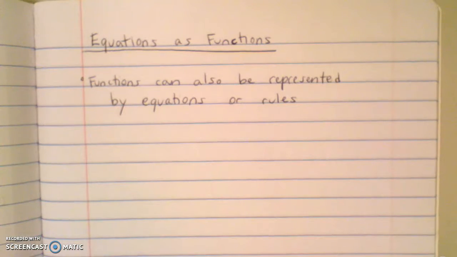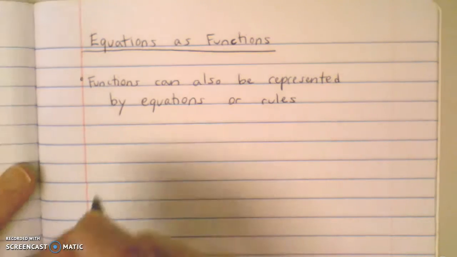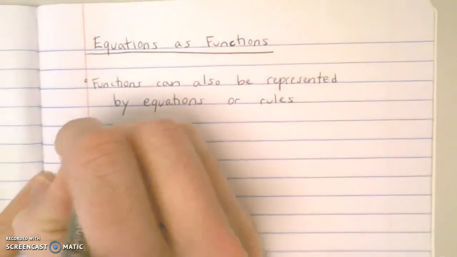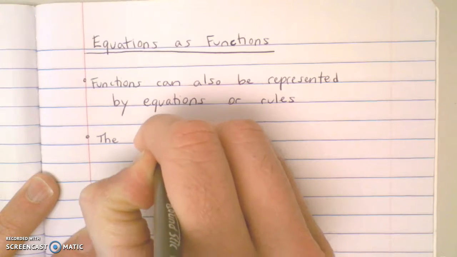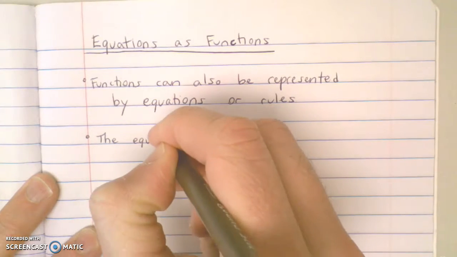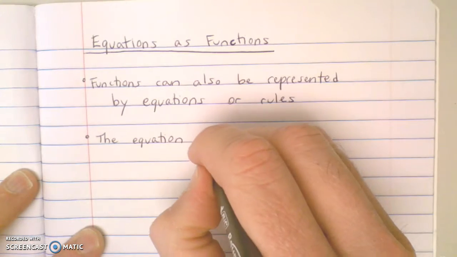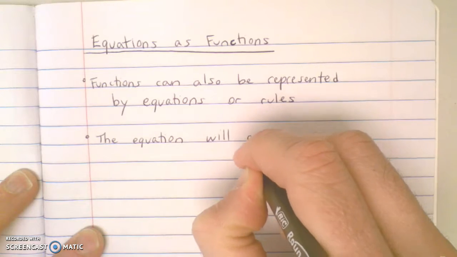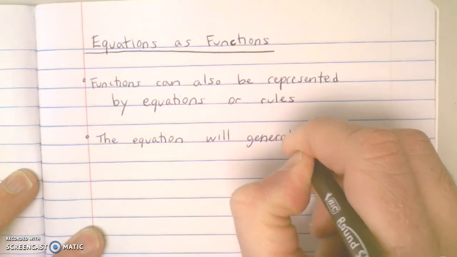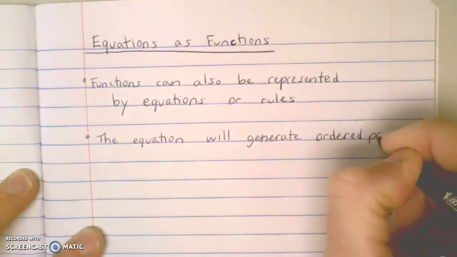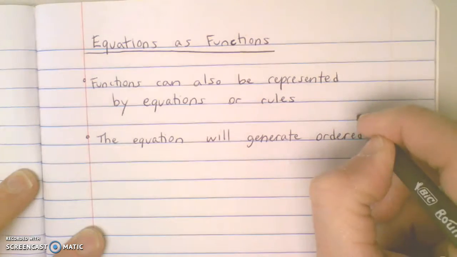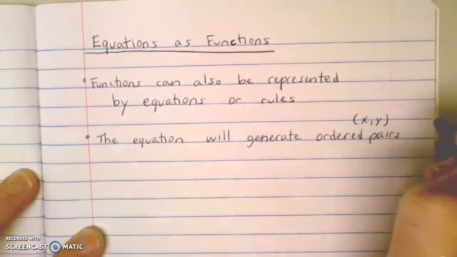So the equations are just giving you rules to follow within math. And then when you have a function represented by an equation, the equation will generate ordered pairs. Remember that means x comma y.